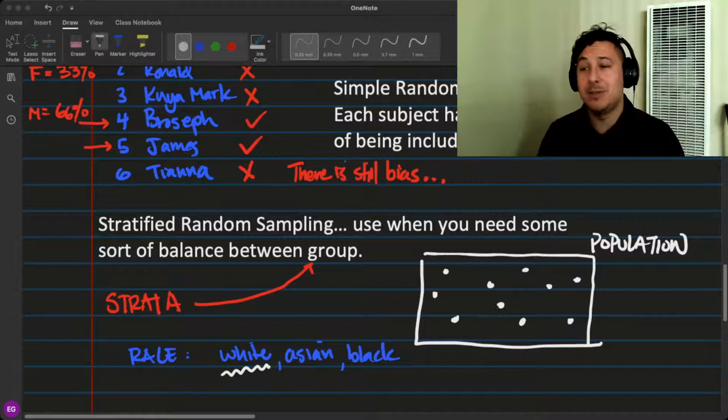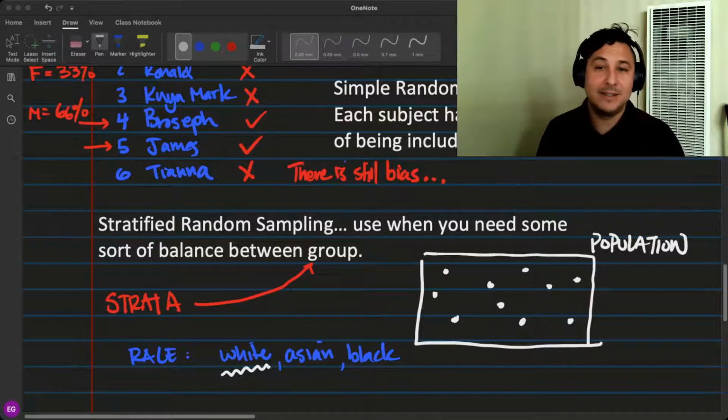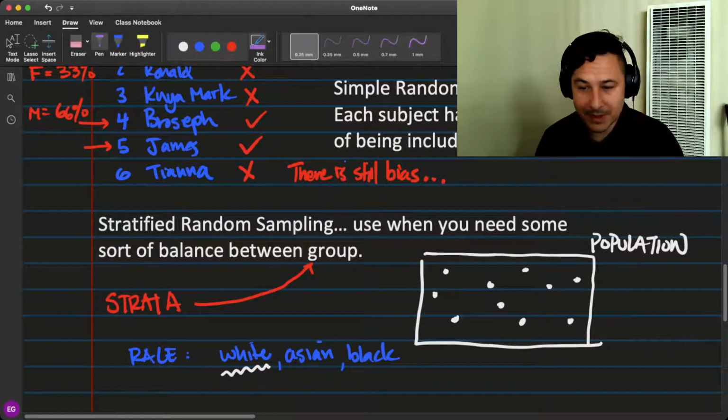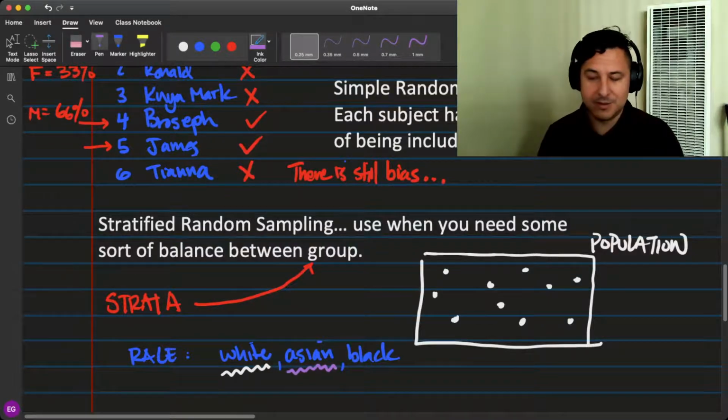What color should we use for Asian? Cool, purple, thank you. These purpley dots are Asian people.